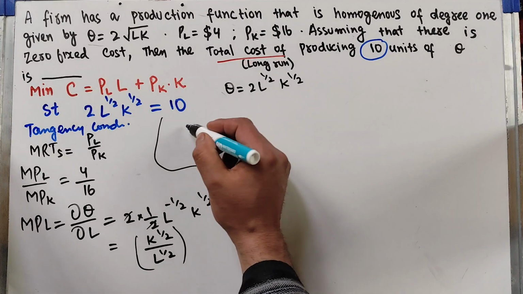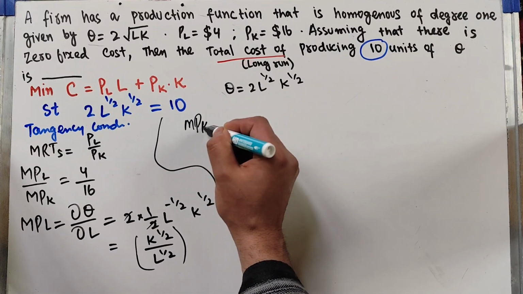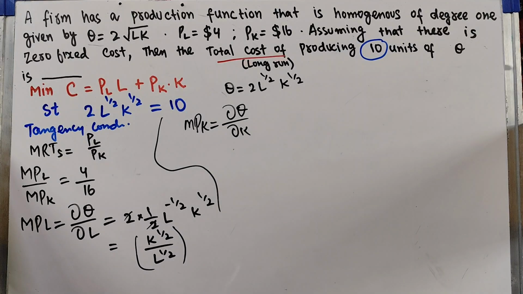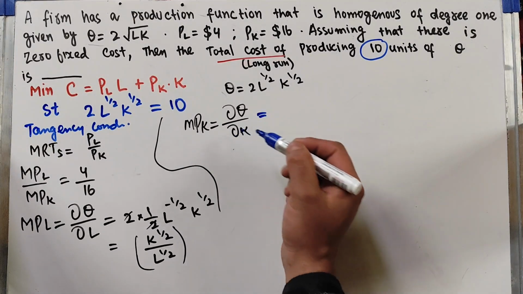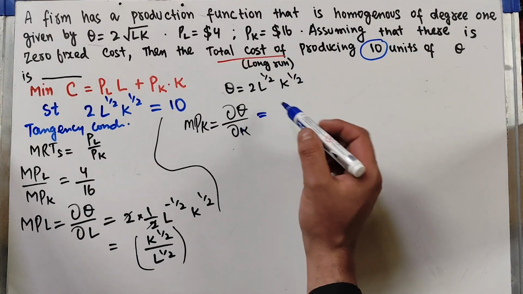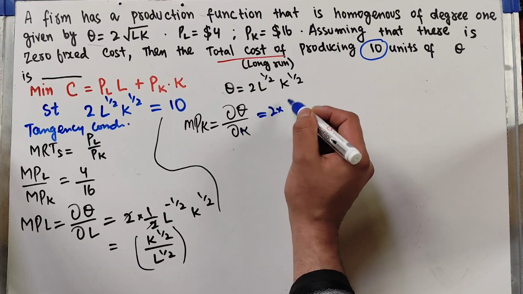Similarly, we need to find the marginal product of capital. That is simply the partial derivative of the production function with respect to capital this time. So we take the partial with respect to K. The exponent of K will become coefficient, so we have 2 into 1 upon 2.